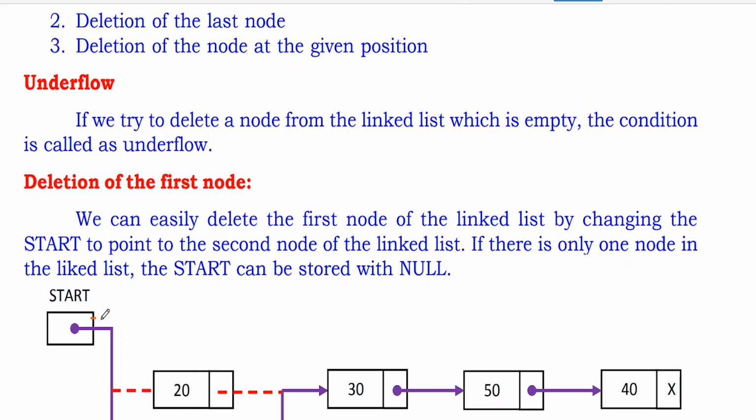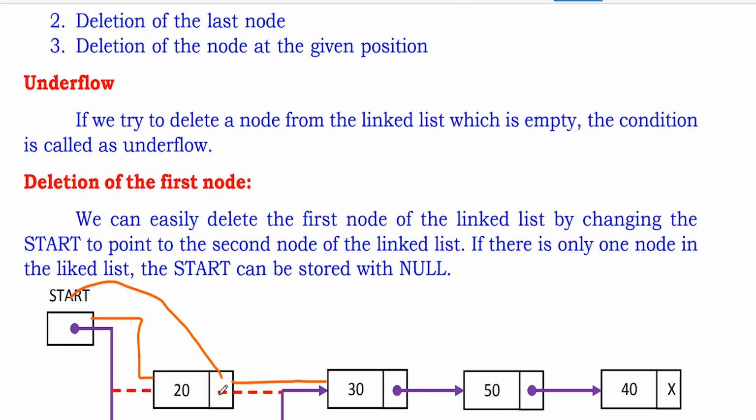Actually, earlier it had a connection here like this. So this is the link it was. If you want to delete the first node, start contains the address of this node, and this contains the address of the next node. Now the start value will be updated: start equals link of start.